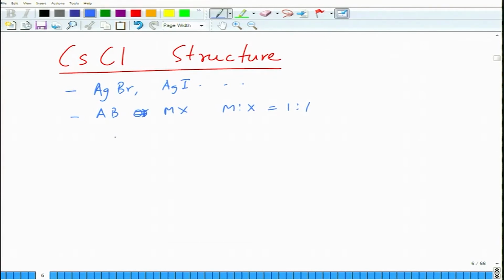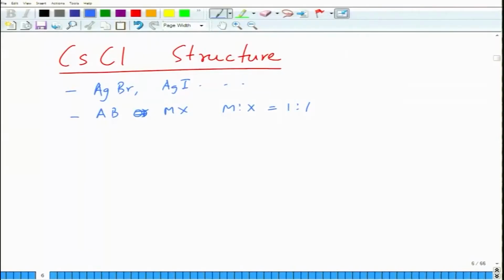These materials also turn into the rock salt structure at higher pressures, but at lower pressures they remain as the cesium chloride structure, and a lot of halides adopt this kind of structure, bromides, iodides, chlorides of basically larger ions, the ions which are bigger, which require larger coordination.